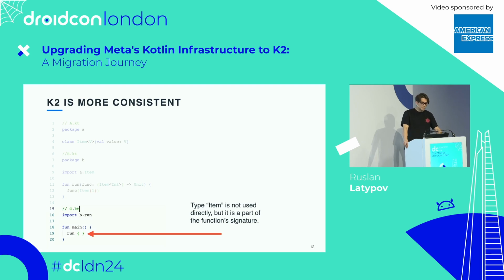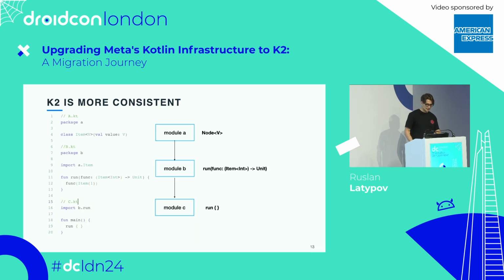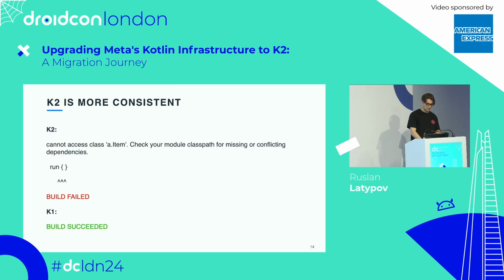How many of you would expect that module C needs to depend on both module A and module B? Please raise your hands. So let's see what happens if we define our dependency chain as follows. Module B only depends on module A, and module C only depends on module B. When we compile module C with K1 and K2, we receive different compilation results.